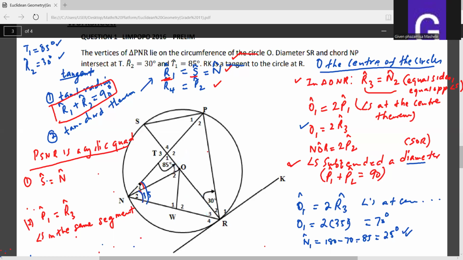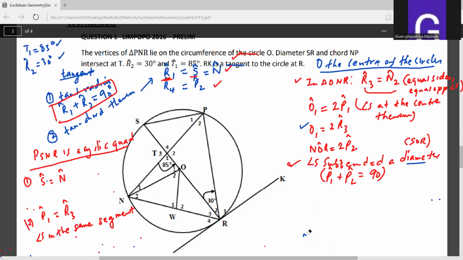I believe you guys are following. So angle N1 is 25. And remember, N1 plus N2 must add up to 60. 25 plus 35 is 60.